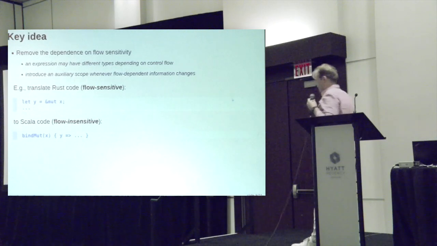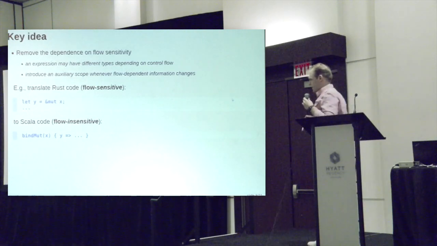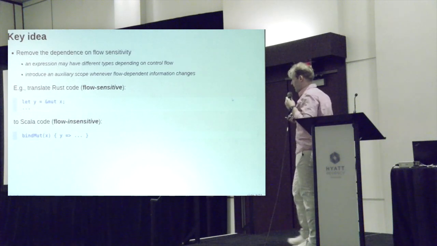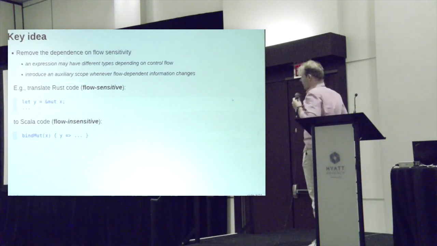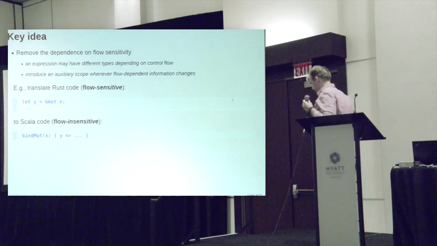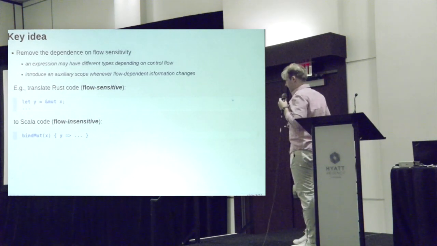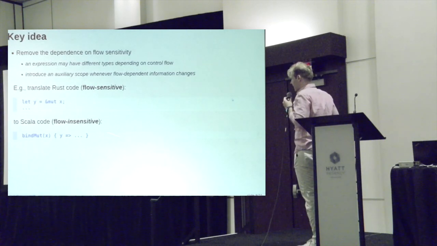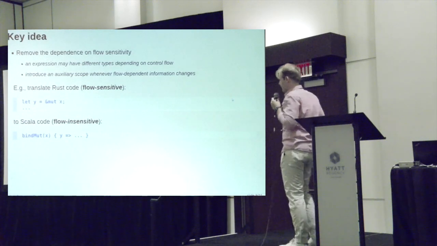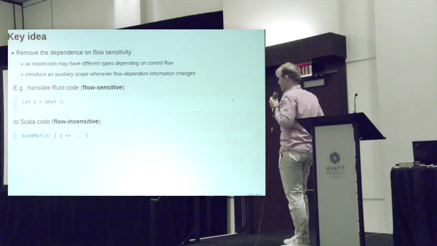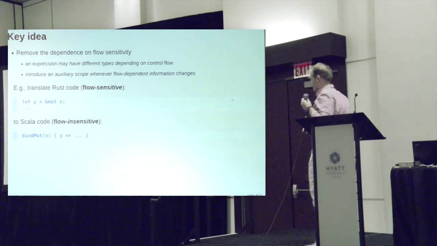Our key idea is to basically transform this flow-sensitive code, Rust code here, to Scala code, which is flow-insensitive. We are going to do this by introducing, whenever we have let y equals mut x, a new scope through a closure that introduces parameter y that binds some initial value x.